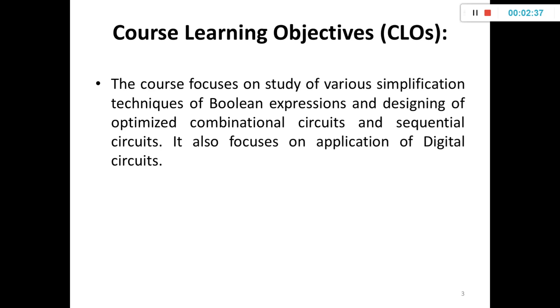Next, coming to the course learning objectives, CLOs. This course particularly focuses on the study of various simplification techniques of Boolean expressions and designing of optimized combinational circuits and sequential circuits. It also focuses on the application of digital circuits. We will be studying combinational circuits and sequential circuits in detail in further classes.